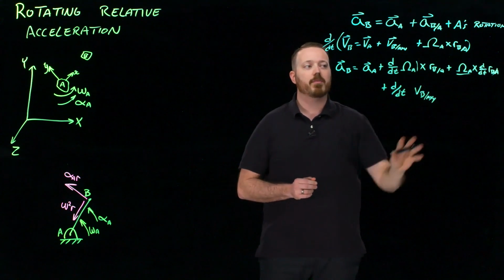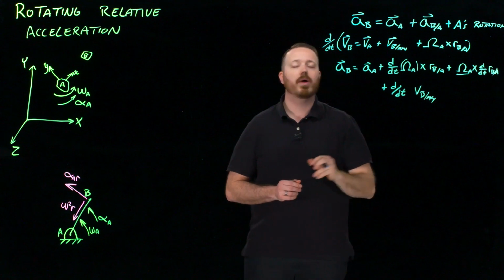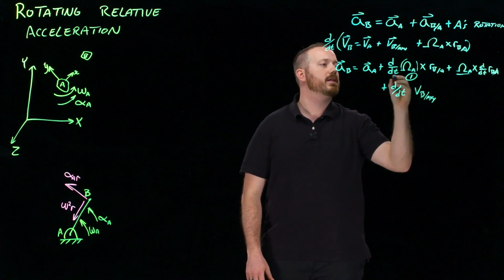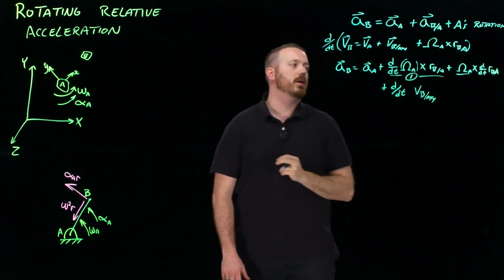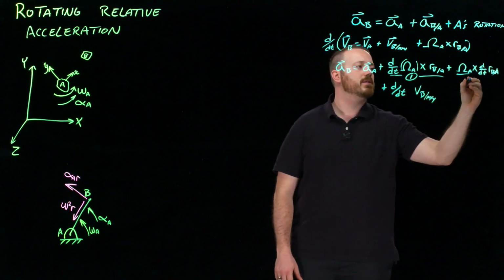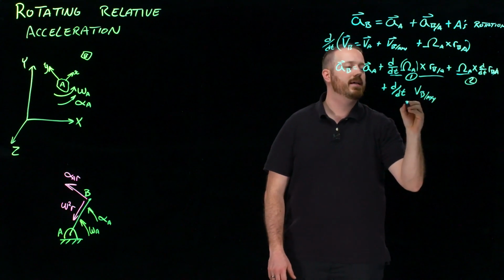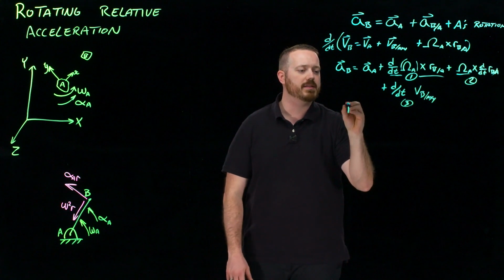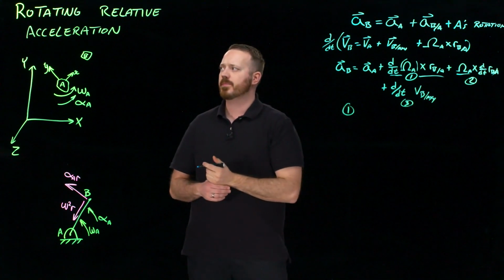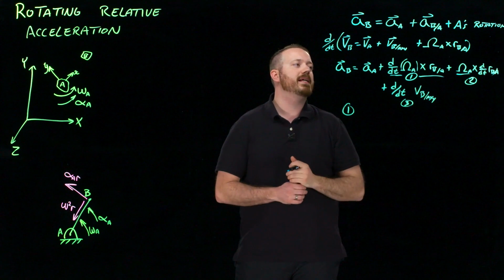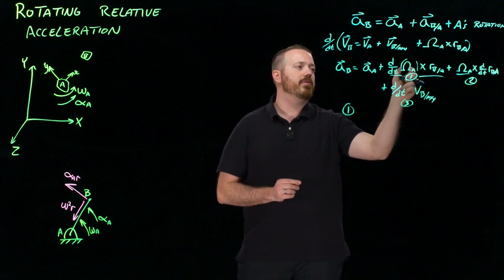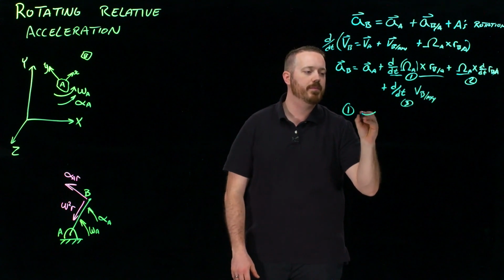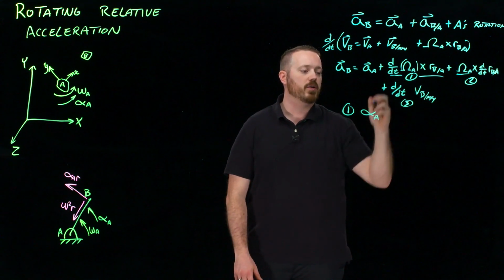There are several different parts to this, and we can treat them by parts. Let's break this out, because it ends up being a pretty long equation. First, probably the easiest portion: the time derivative of angular velocity is what we call angular acceleration, so that's the angular acceleration crossed with the r vector.